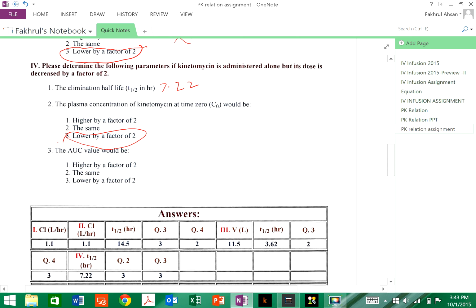And what is going to happen to AUC? AUC is related to the dose, total amount of the drug, so it is going to be lower by a factor of 2.